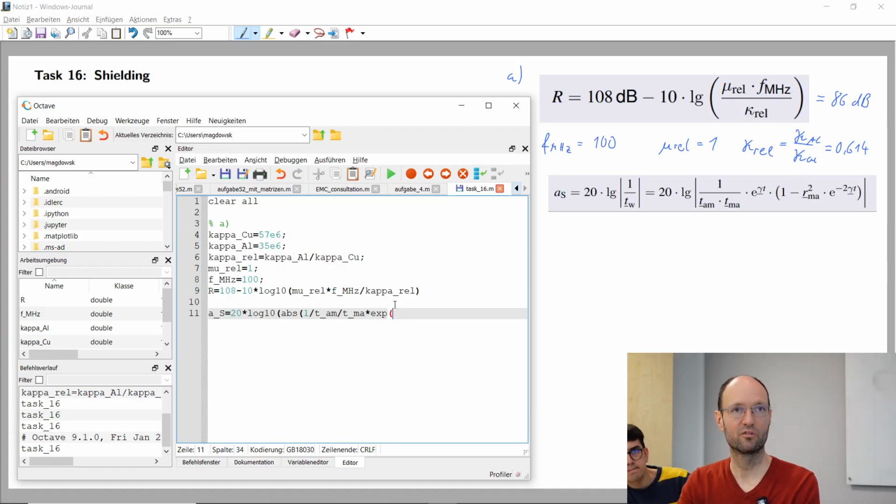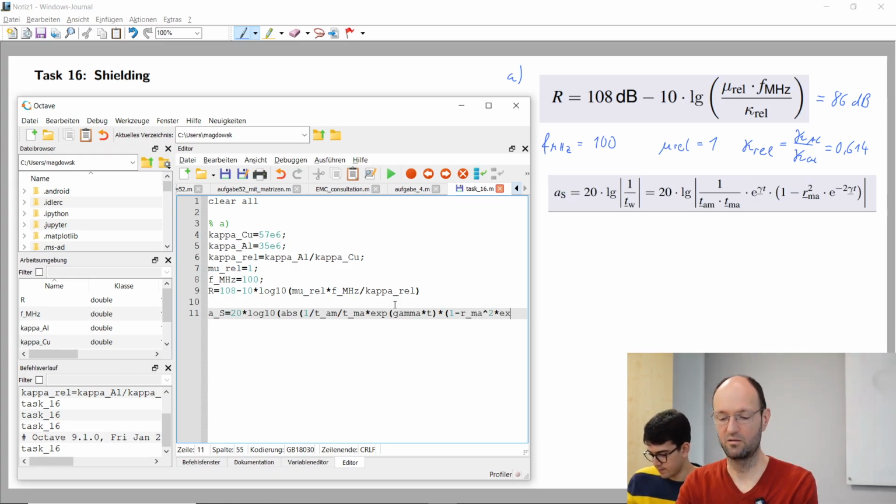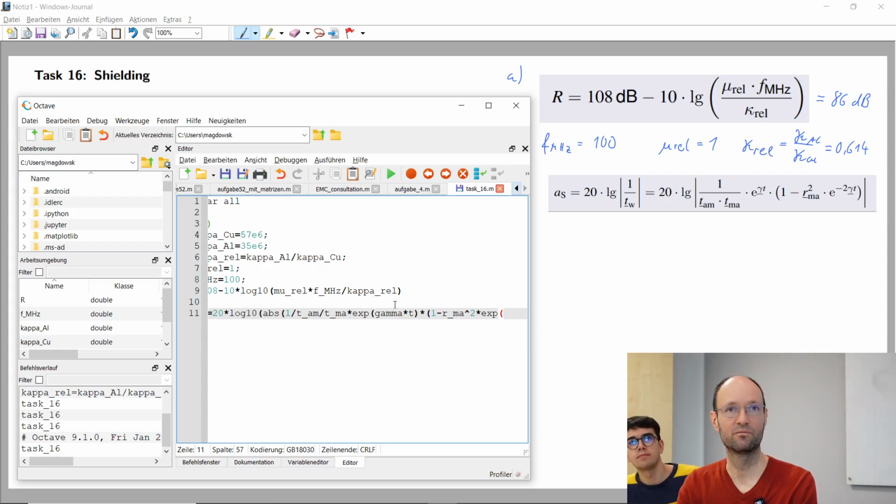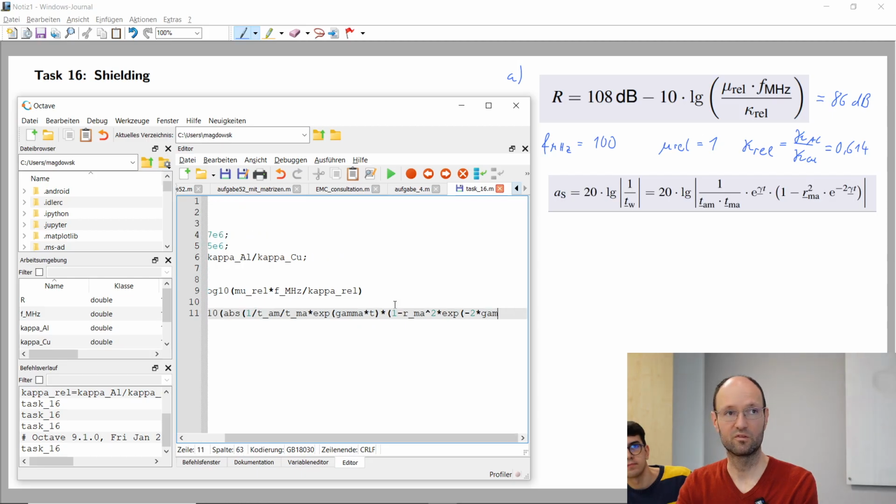This is multiplied with an exponential function of gamma times the thickness, and multiplied with the term 1 minus the reflection coefficient from metal into air, squared, multiplied with another exponential function of minus 2 times gamma times t.